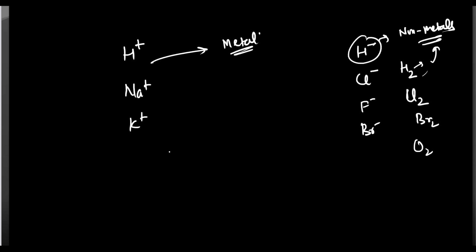But sodium forms NaCl, potassium forms KCl, hydrogen also forms HCl, so it shows the property of a metal. Sometimes it shows the property of a metal, sometimes of a non-metal. So we don't have a specific category for whether hydrogen is a metal or a non-metal.